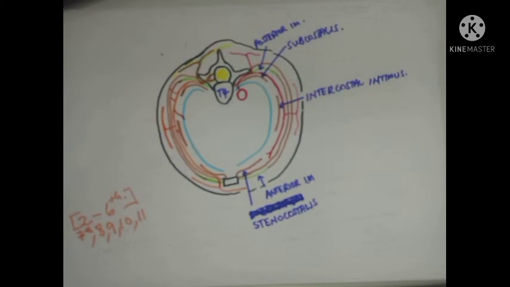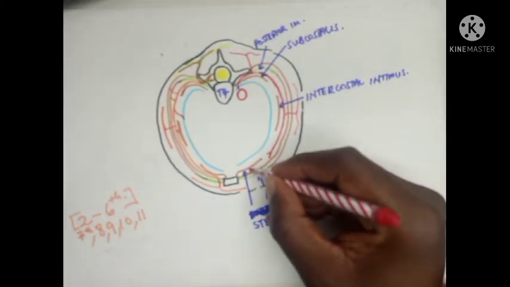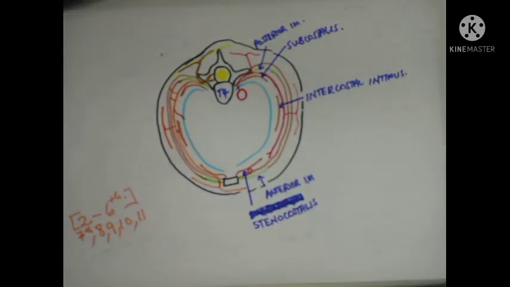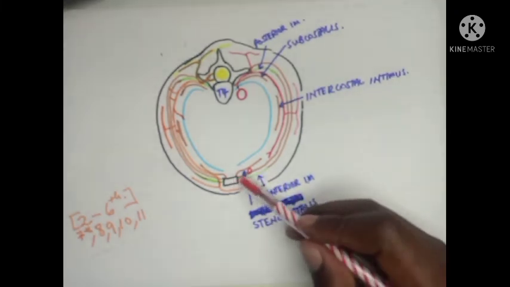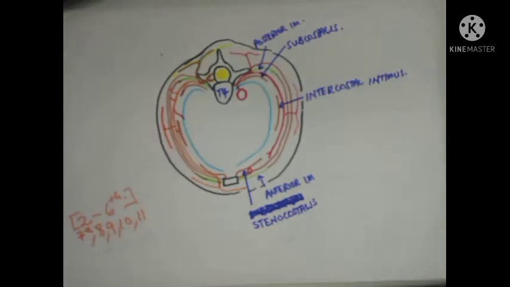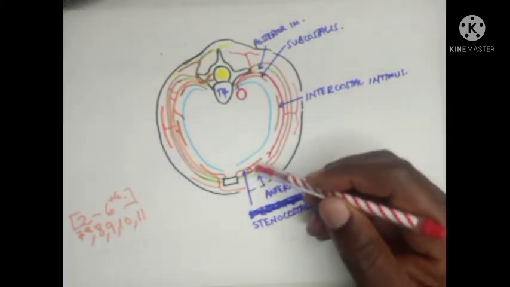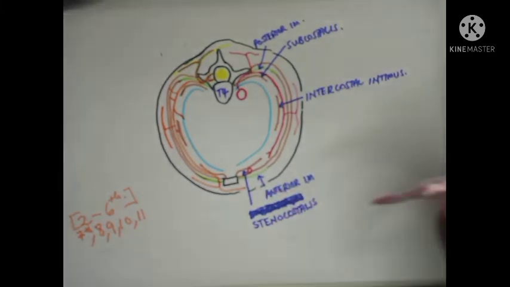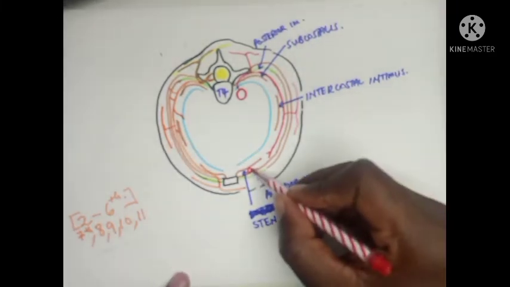Now in front there, just a finger breadth lateral to the sternum, we've got the internal thoracic artery, which is the first branch of the subclavian artery, and it descends down a finger breadth lateral to the sternum, just behind the costal cartilages, up until the sixth intercostal space, where it will divide into the musculophrenic and the superior epigastric artery.